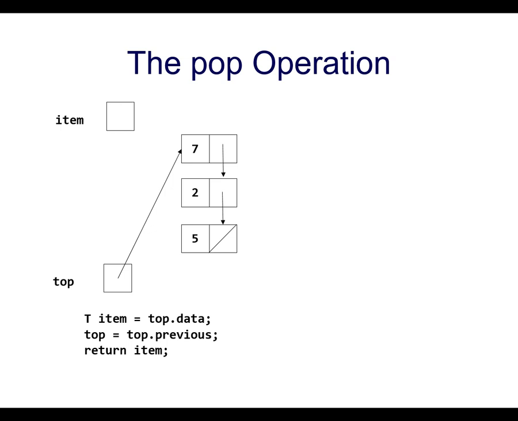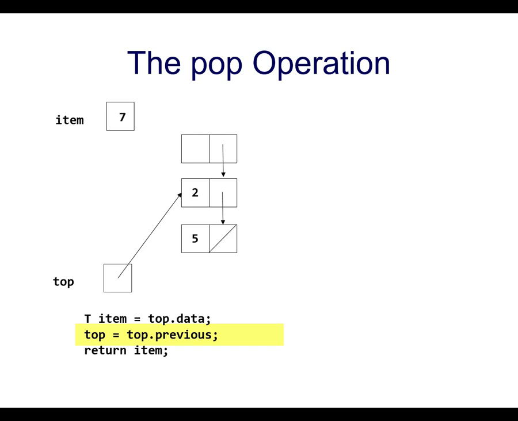Next, we illustrate several calls to pop. First, the value 7 in the data member of the node pointed to by top is copied to the local variable item. It is necessary to save it because after the next step, this node will no longer be accessible.